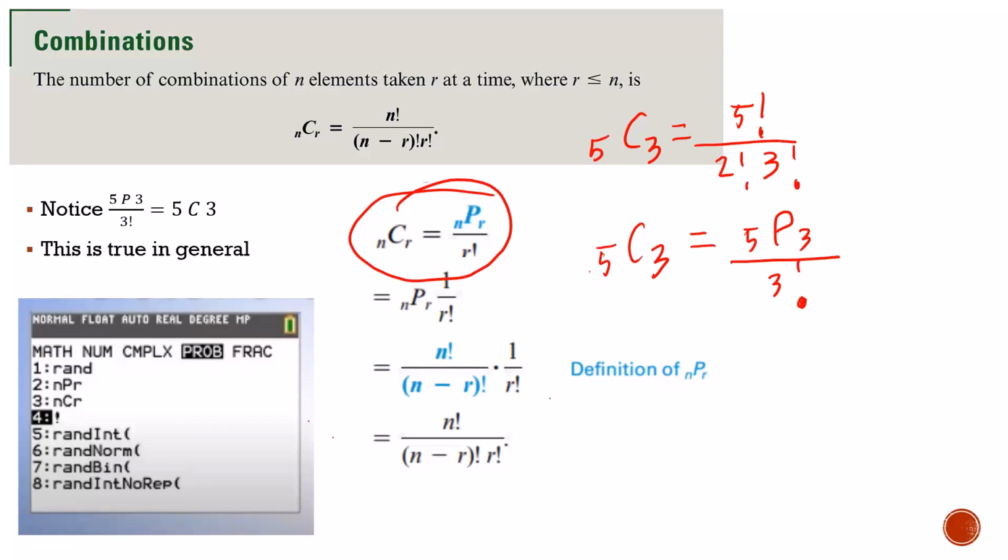If the order doesn't matter and you're counting each order separately, you are going to overcount. You are going to overcount by a factor of how many ways each set can be arranged, so we divide by that extra r factorial.